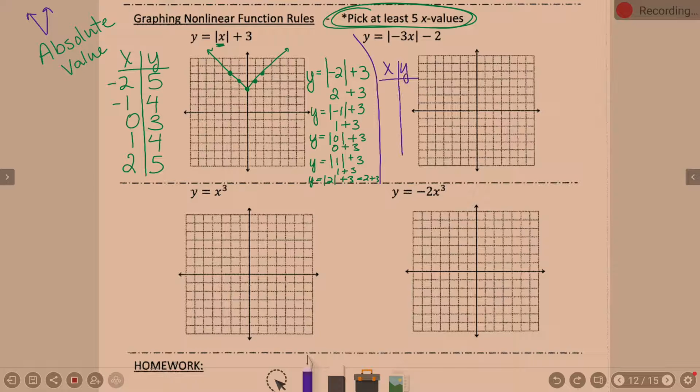I want 5, I want negatives and positives. And hopefully you see now, it's important that we pick negatives and positives, because otherwise we would have gotten a straight line over here and not the V.